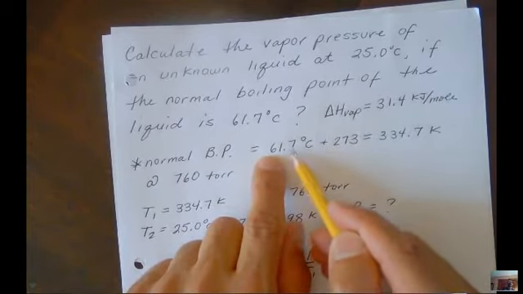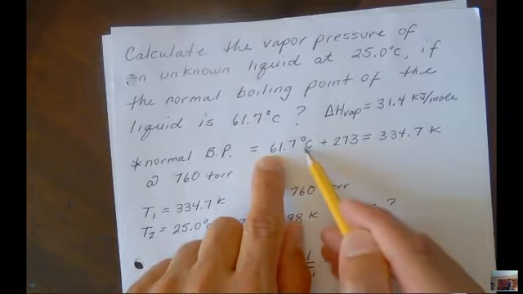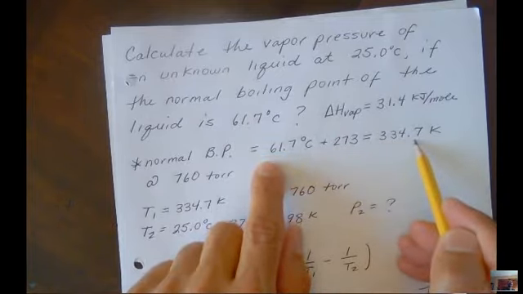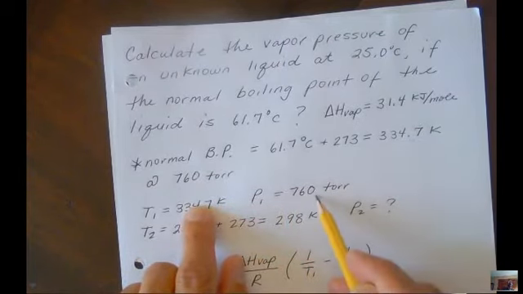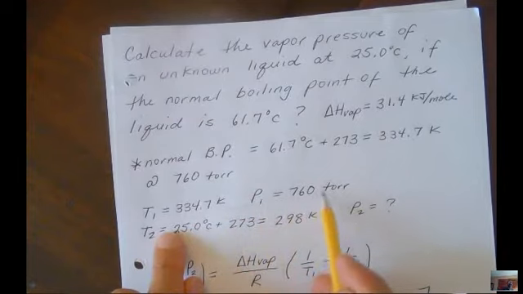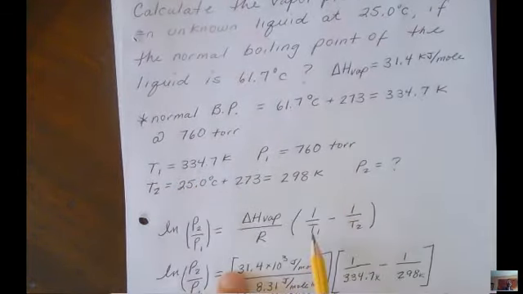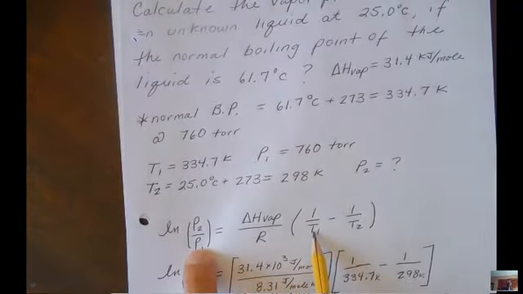So at the boiling point of 61.7, that boiling temperature in Kelvin is 334. And what pressure does that correspond to? 760. So that's my first set. I have a set of temperatures and pressures to plug in. That's my T1, P1.